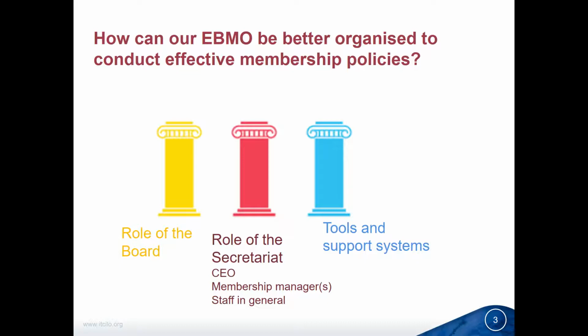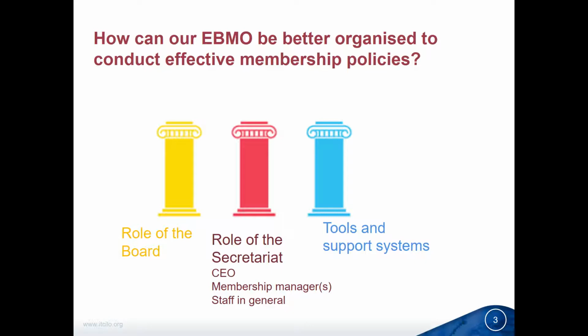We have to look at three elements, what we define as three key enablers. Number one, the role of the board. And why are we going to address the board? Because in many organizations, membership development is not considered an important topic, whilst we see that it's essential because EBMOs are composed of members, work for members, so membership is the most precious asset.